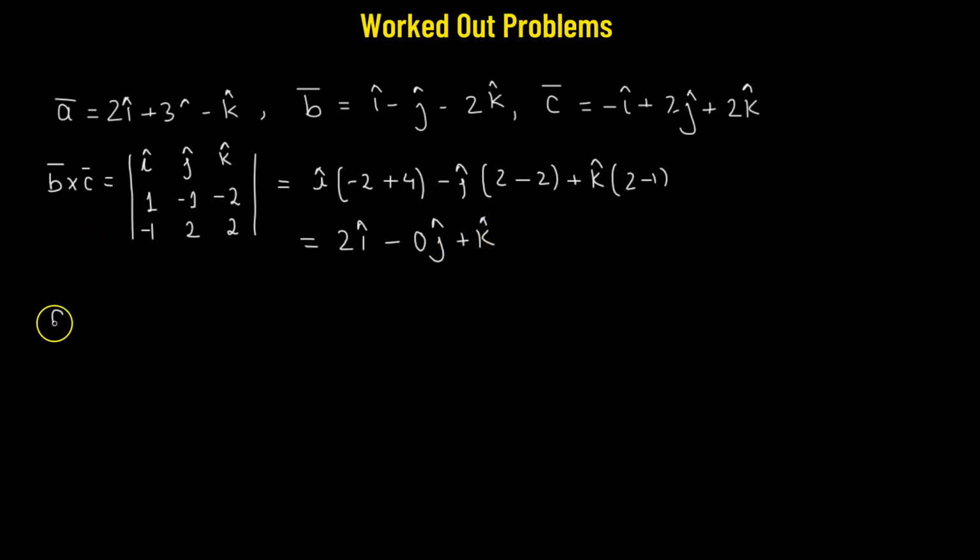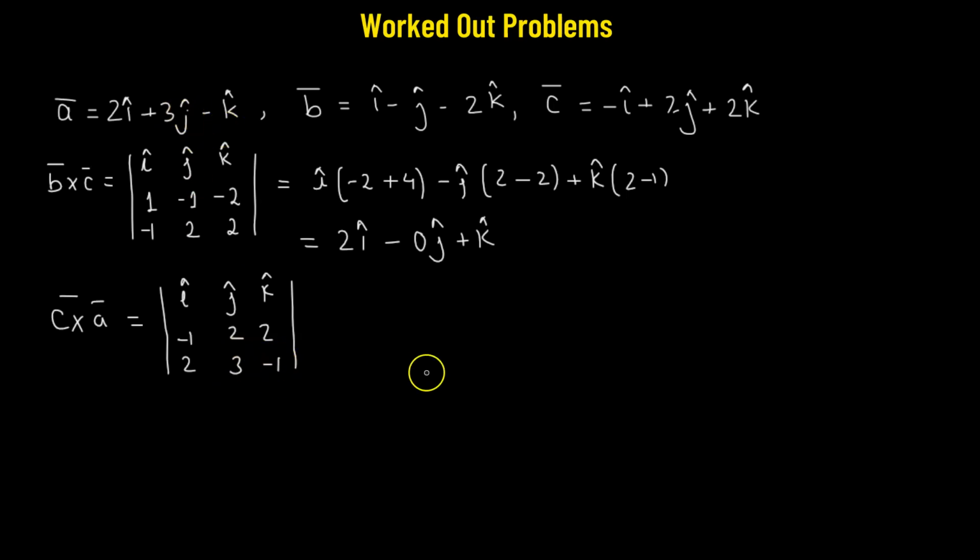We'll then find the cross product between vectors c and a. We have i cap, j cap, k cap in the first row. In the second row, we have components of vector c: negative 1, 2, 2. In the third row, we have components of vector a: 2, 3, negative 1.